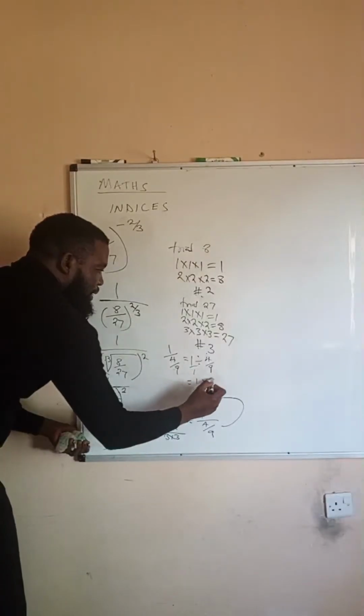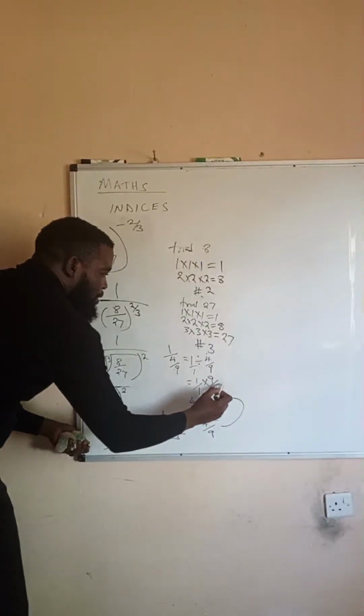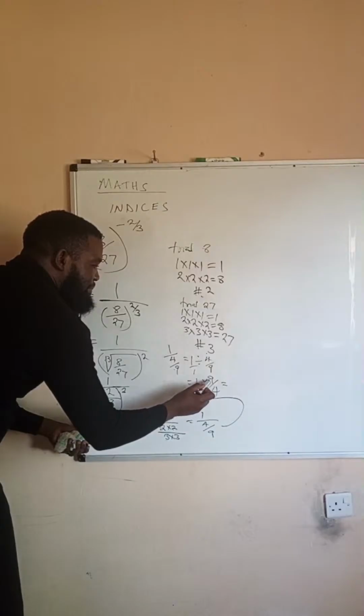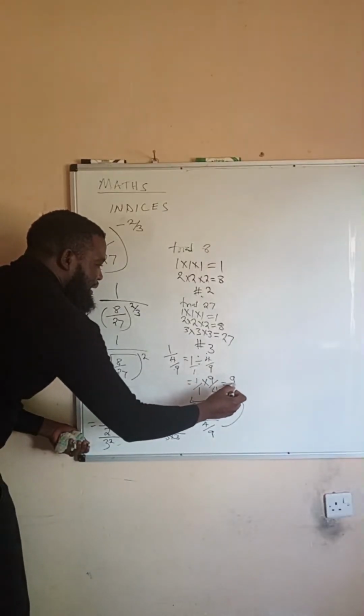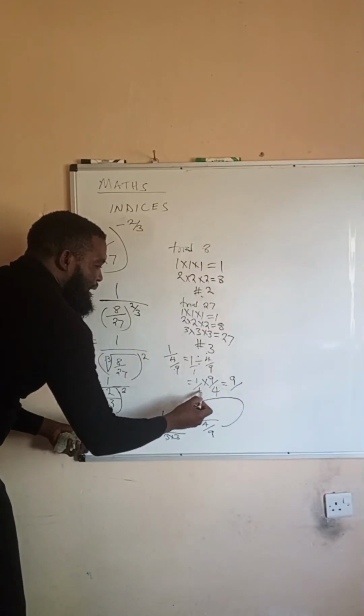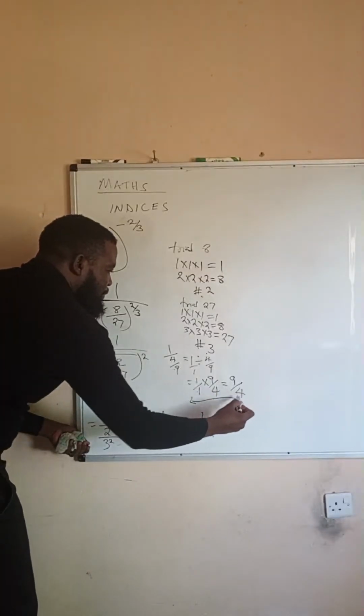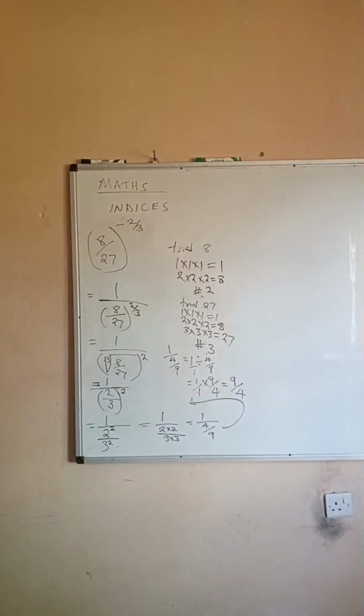It becomes 9 over 4, which is equal to 1 times 9 is 9, over 1 times 4 is 4. You do exactly that. That's how you solve this part of the question. I hope your mind has opened up and you have understood.